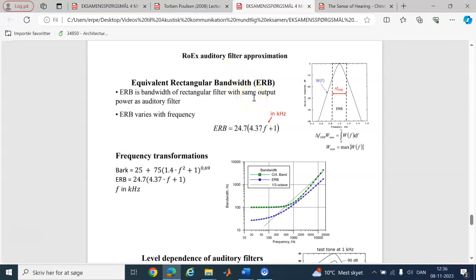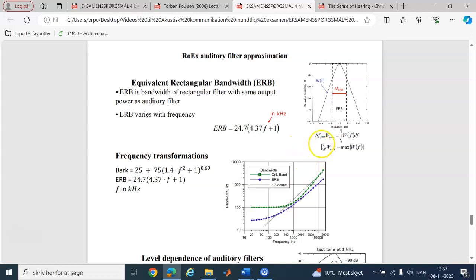This ERB has a term here, 24.7 times another term depending on frequencies: 24.7 times (4.3 times f plus 1), and f is in kilohertz.